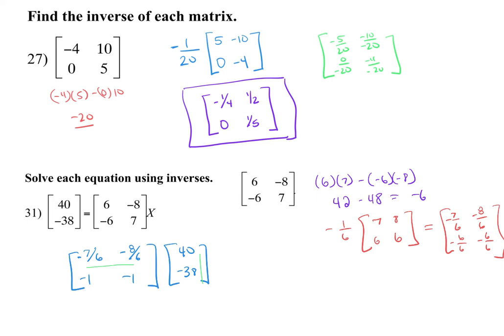I'm going to take 7/6 and multiply it by 40. And it will work out, I promise. So I have negative 280 over 6 plus, and then I'm going to multiply the 8 by the 38. They're both negative, so that's going to be a positive 304 over 6.